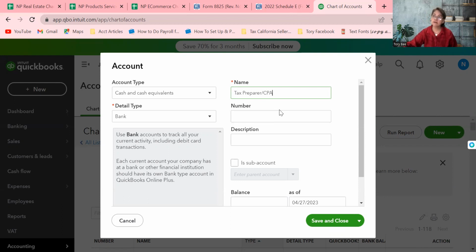Tax preparer, not CPA, let's put bookkeeper or accountant. I write CPA because tax preparer, bookkeeper, and accountant can do that. Sorry.